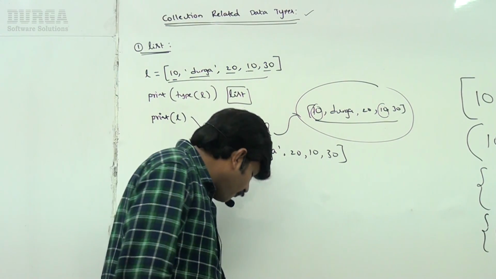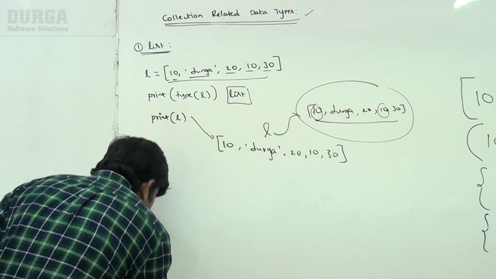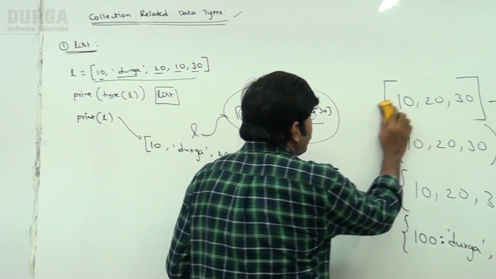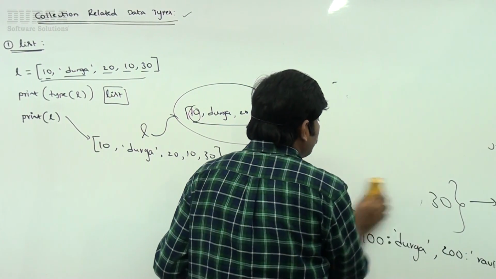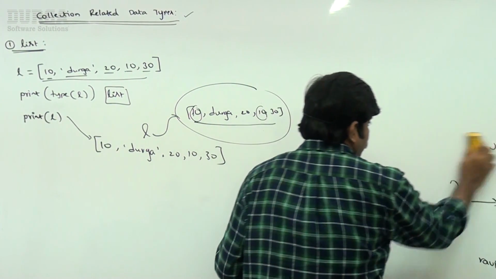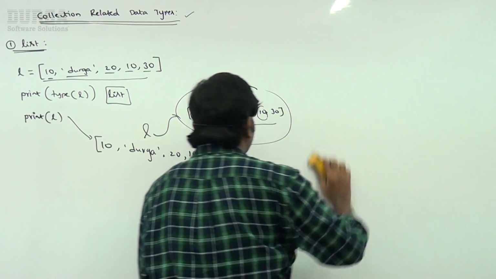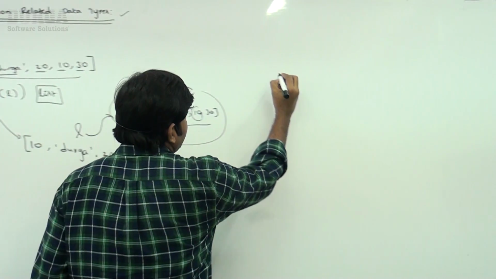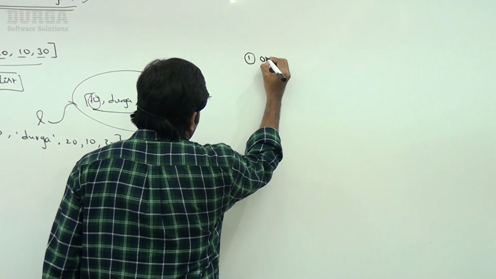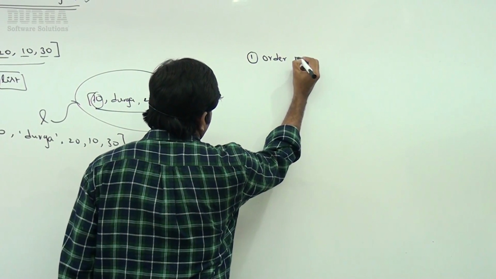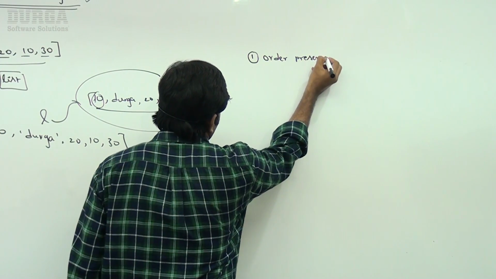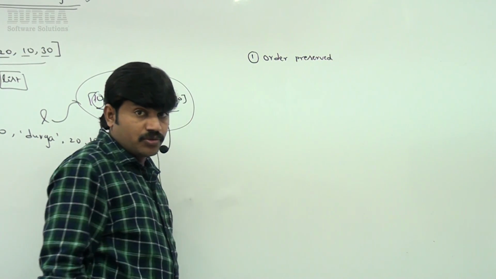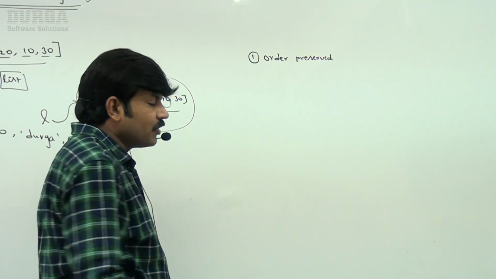Well, sir, from this discussion, can you please provide some important conclusions about the list? One thing is order preserved. Anyway, I will give much explanation soon, don't worry about that. Order preserved.